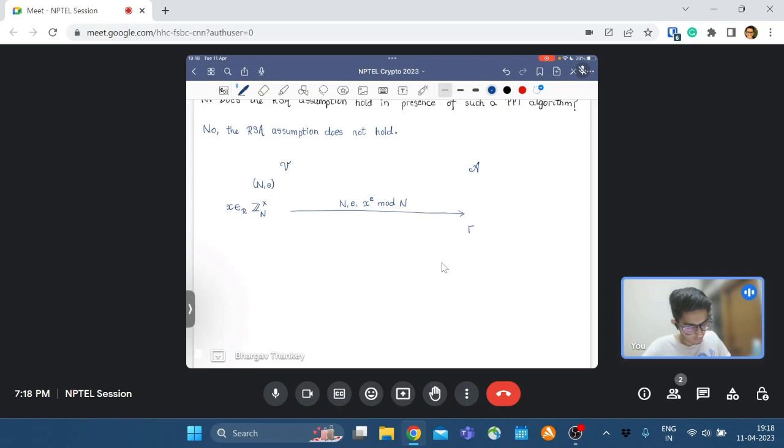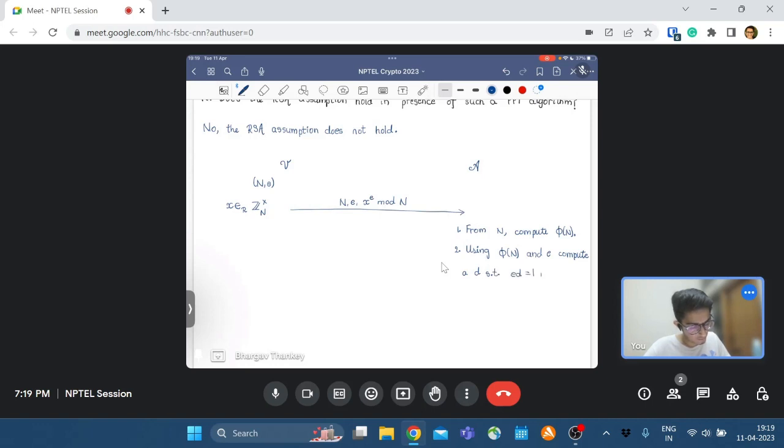So what does A do? A does the following. Using N and E, compute D such that ED is equal to 1 mod phi(n).